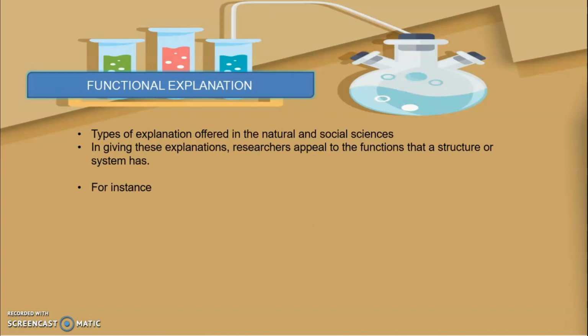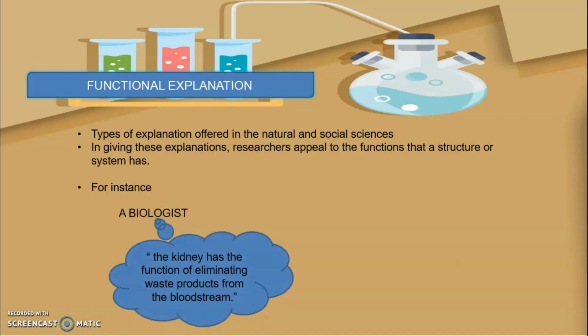Next, the second type of explanation is functional explanation. This type of explanation occurs in the natural and social sciences. In giving this explanation, the researcher appeals to the function that a structure or system has. For instance, a biologist might say the kidney has the function of eliminating waste products from the bloodstream.